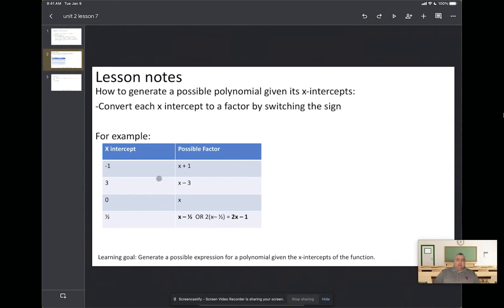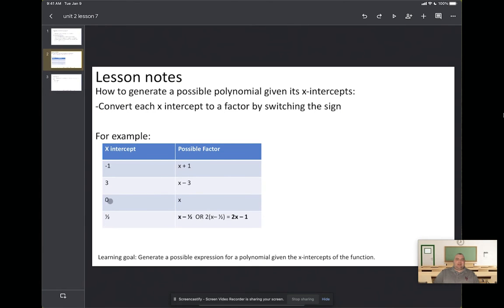So this is what I mean by switching the sign. If I had an x-intercept of -1, that is negative, I would switch it to positive, and the corresponding factor would be x plus 1. If my x-intercept were positive, so in this case positive 3, I would switch that to a -3 and make the factor x minus 3.